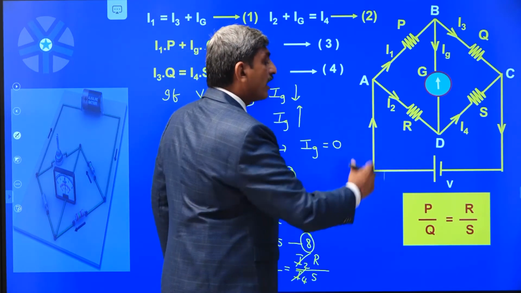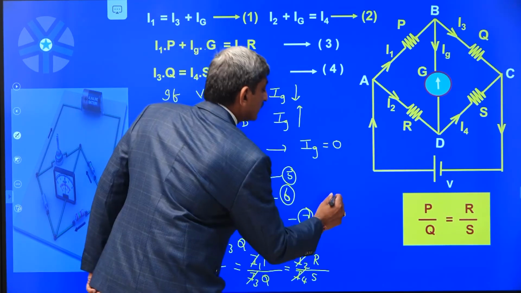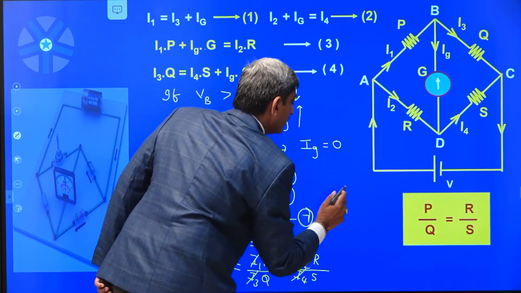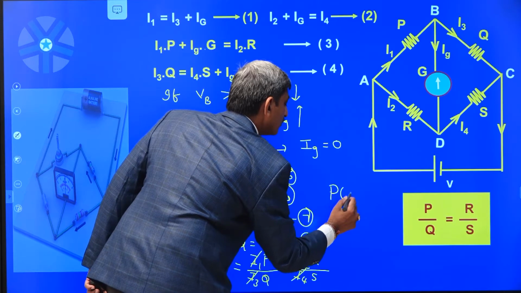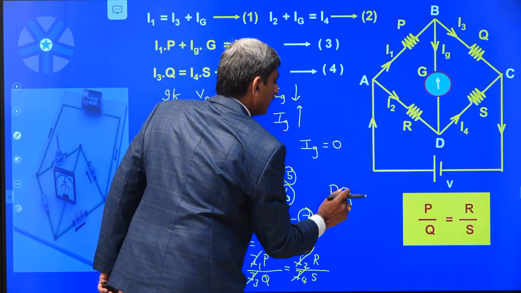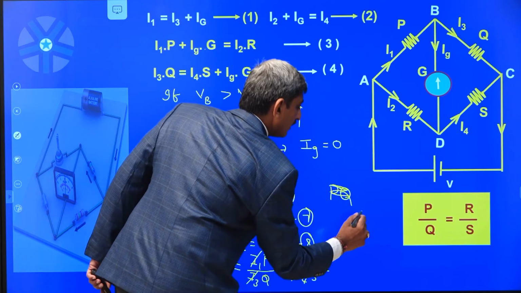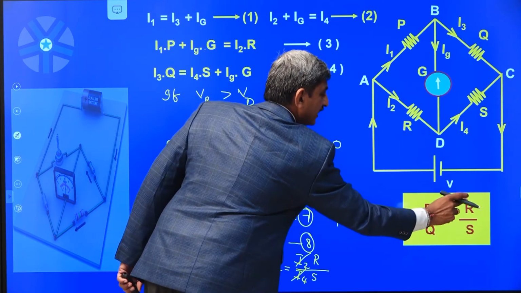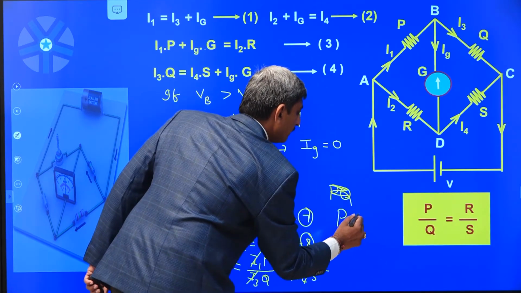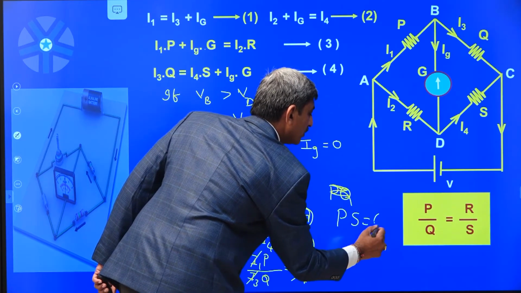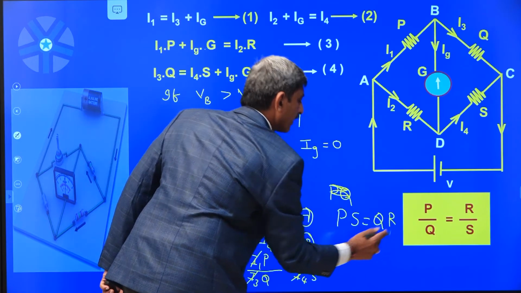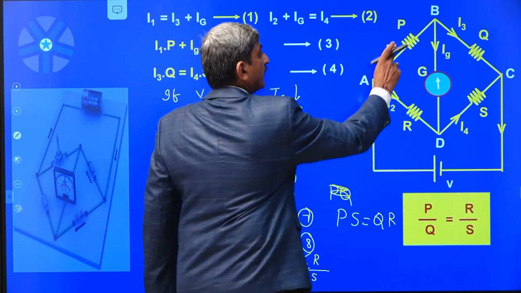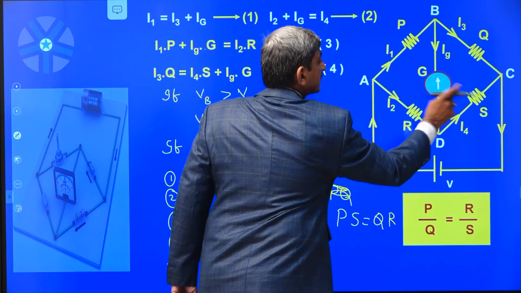Or the same also can be remembered by using another one. By taking this S to this side and Q that side, we have PS is equal to QR. So what is this PS? What is this QR? PS is the product of the two opposite resistors.